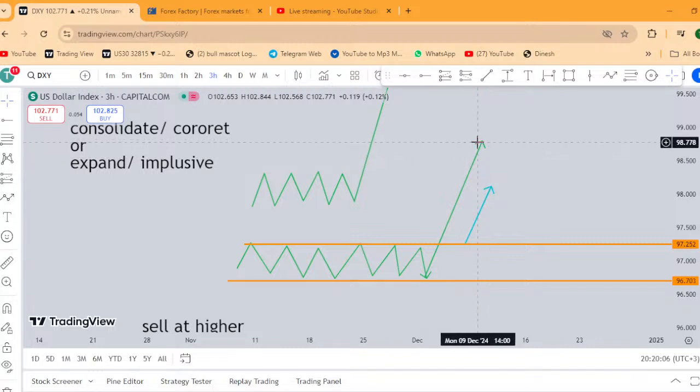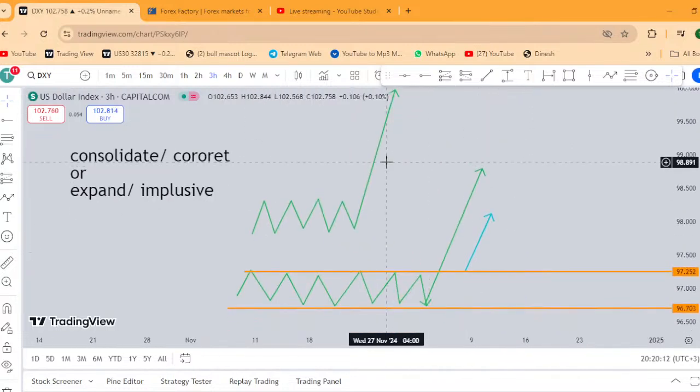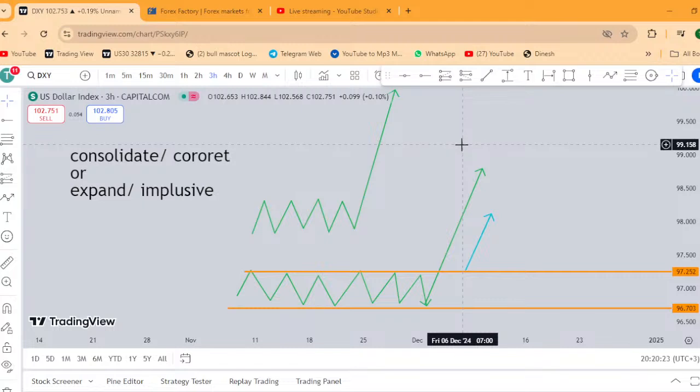Why do I say I don't have this money? Because I have to look at my exit areas, the stop loss and take profit. Let's focus on the stop loss. If I enter right after the candle has just expanded, where am I going to hide my stop loss?